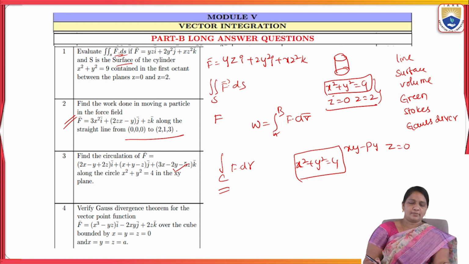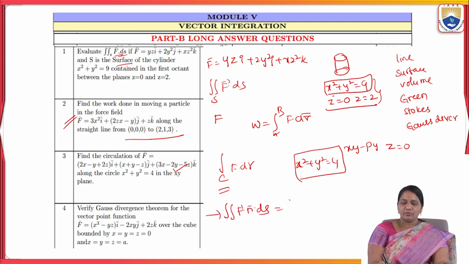for the circulation. Now see the fourth one, verify Gauss divergence theorem. Here also we have to verify the Gauss divergence theorem. That means we should know the statement: double integral f dot n ds is equal to triple integral over dv of del dot f dv.